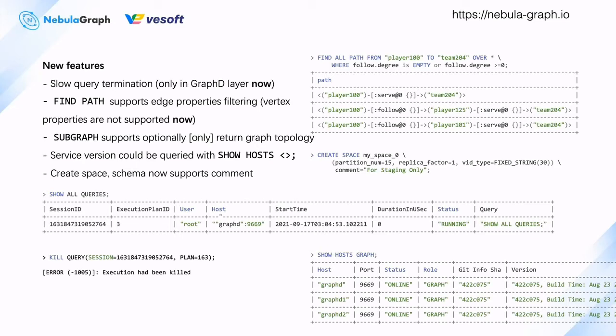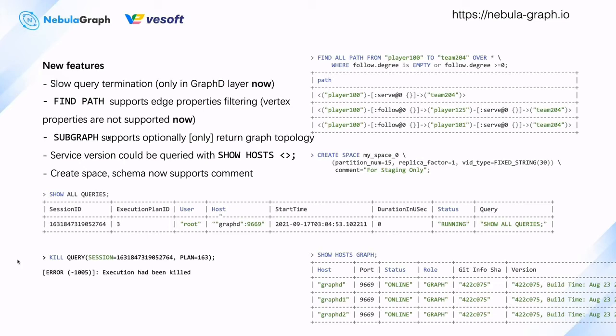Just like this, you can kill the query based on session and plan ID. But for now, it's only implemented on the query engine side. That says you only kill the process in the GraphD rather than all the running processes on the StorageD, but it will be implemented in future cycles.